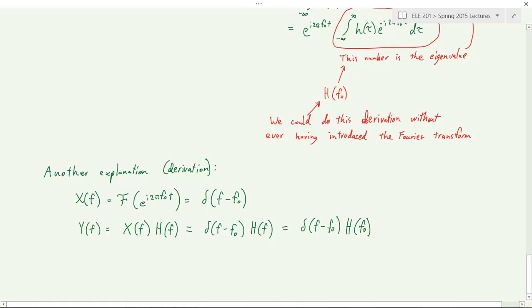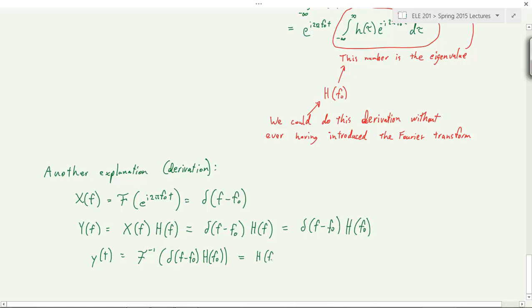It's saying that when you put a delta function in frequency, all that can happen to it is it can get rescaled. And that's why it's an eigensignal. Okay, you get rescaled by some number, H of f naught. I'll work backwards just to make that clear. Therefore, y of t equals the inverse Fourier transform of this thing. And since this H of f naught is just a particular number, it comes out of the Fourier transform by linearity.